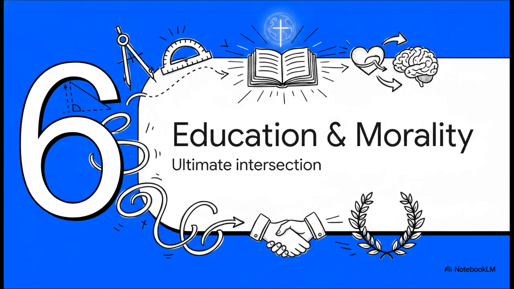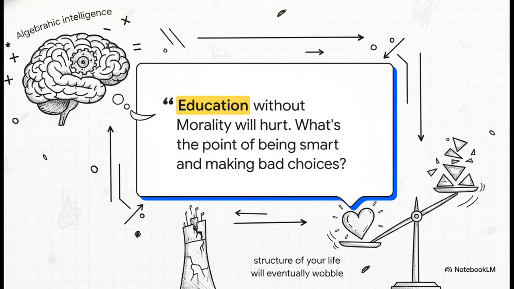Section 6. Education with morality. The ultimate intersection. All right, let's transition back from math to philosophy for a second. The Smart Academy Godly Learners series takes a moment to reflect on this really powerful quote, "Education without morality will hurt." The source argues, what is the point of being smart and supposedly educated if you're continuing to make bad choices?